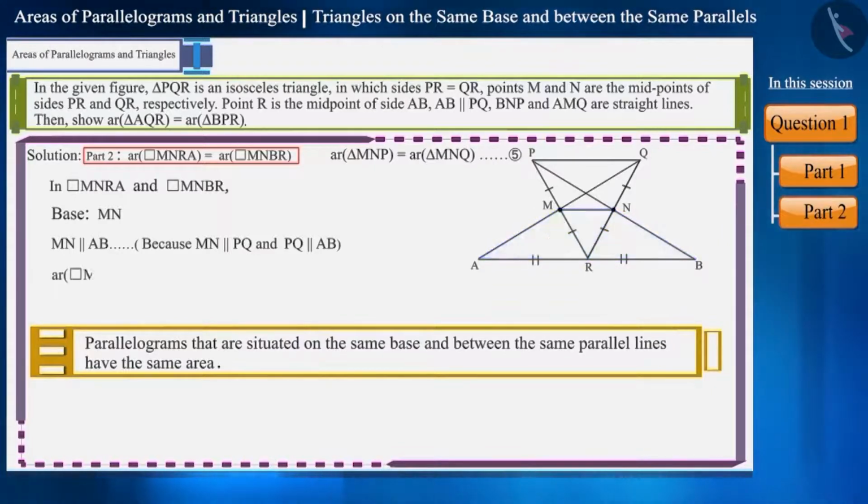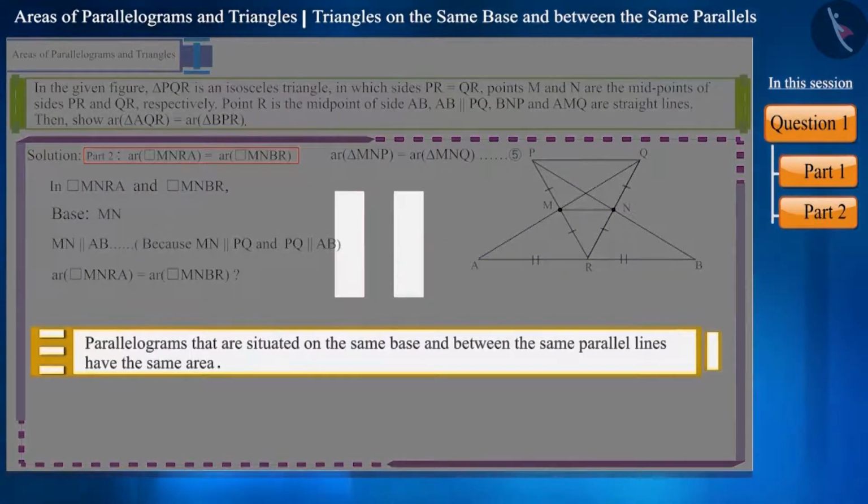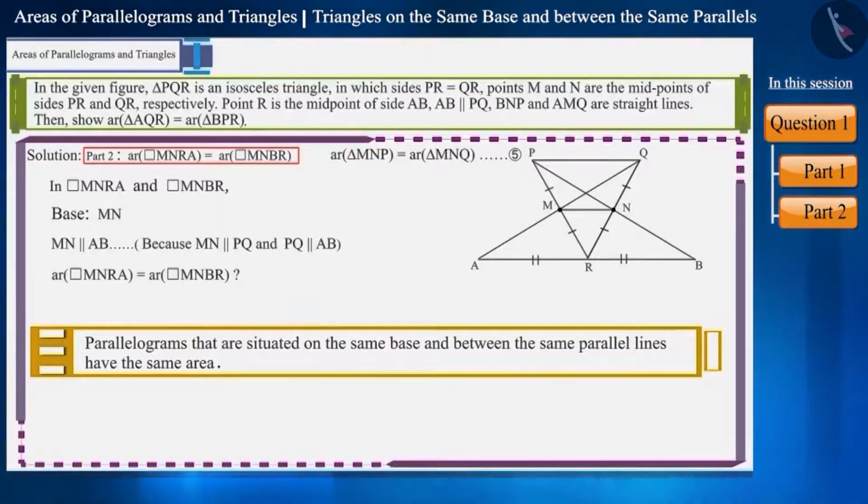So, can we use this theorem here and say that their areas will be equal? Friends, you can pause the video and think of the answer. If you're thinking that we can use the theorem here, then you're wrong. Because these quadrilaterals are situated on the same base and between the same parallel lines, but they are not parallelograms.